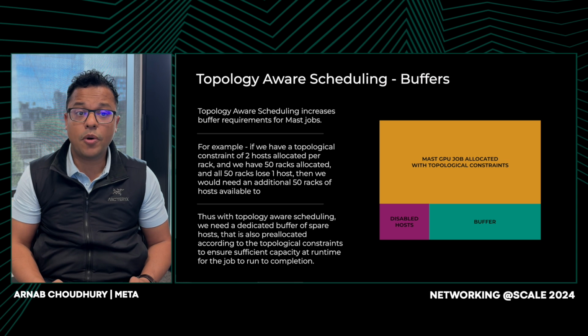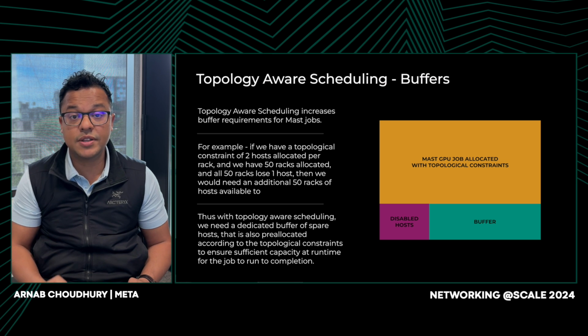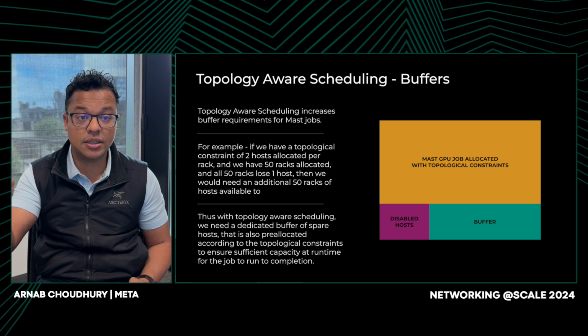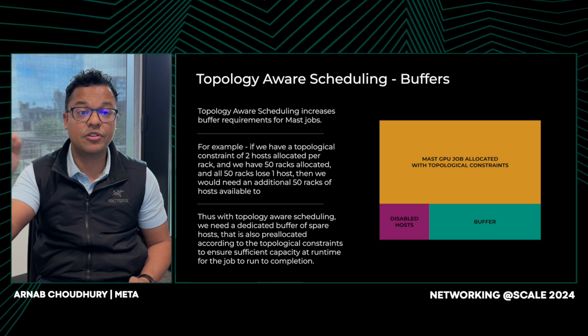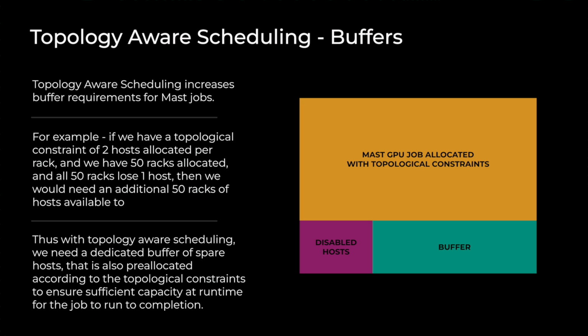In terms of topology-aware scheduling, there's also a consideration with buffers. Because of this topological awareness in scheduling, we have increased buffer requirements for MAST jobs. For example, if we have a topological constraint of 2 hosts allocated per rack, with the rack having 2 GPU hosts, and we have 50 racks allocated, and all 50 racks lose 1 host, then we would need an additional 50 racks of hosts available to reallocate the job if all 50 racks lose one host at runtime.